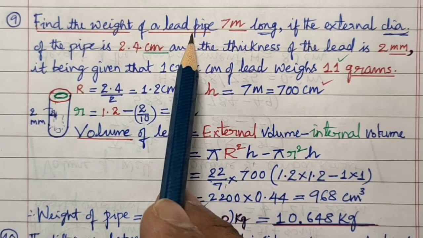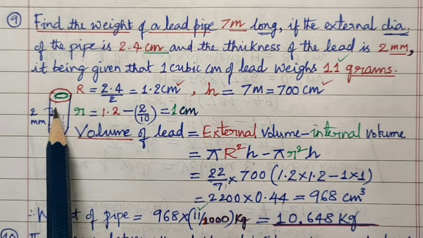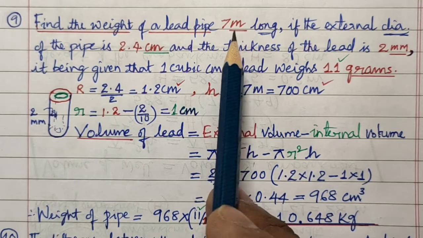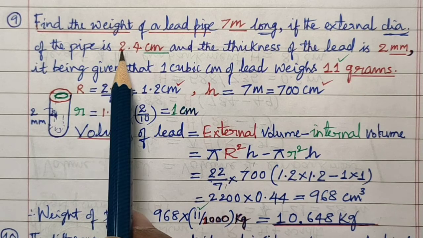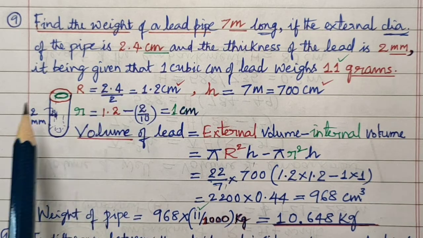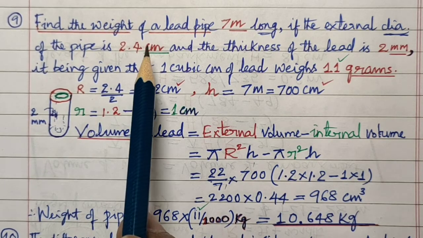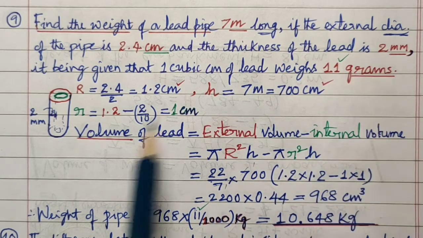Find the weight of the lead pipe. There is a lead pipe here, and we need to find its weight. The length of this pipe is 7 meters. The external diameter of the pipe is 2.4 centimeters, from here to here, and the thickness of the lead is 2 mm.